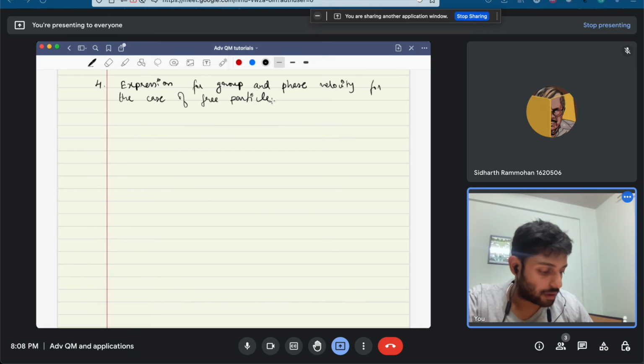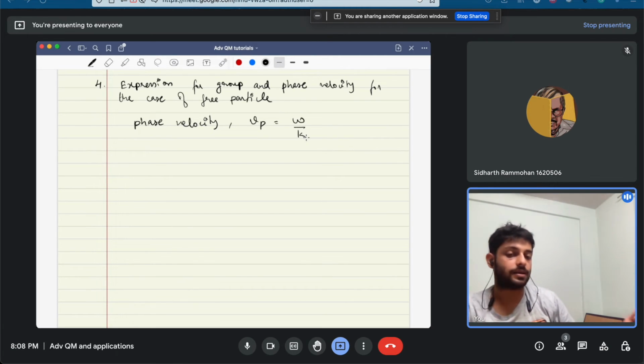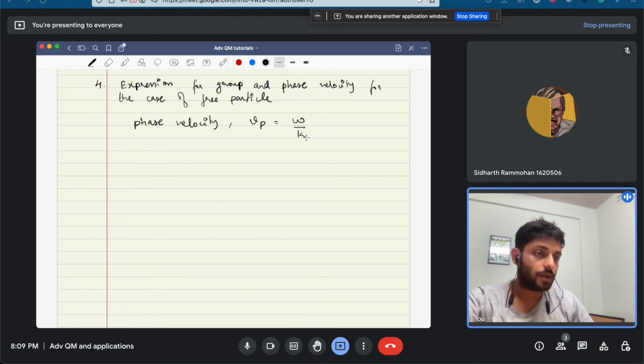Now the group velocity, let's do with the phase velocity first. The phase velocity is defined as Vp equal to omega by k, where omega is the angular frequency of the wave, and k is the wave vector.